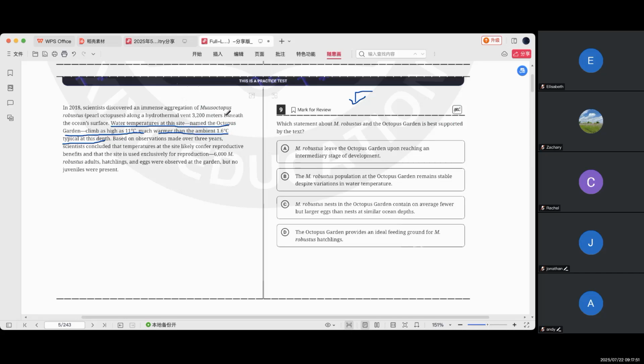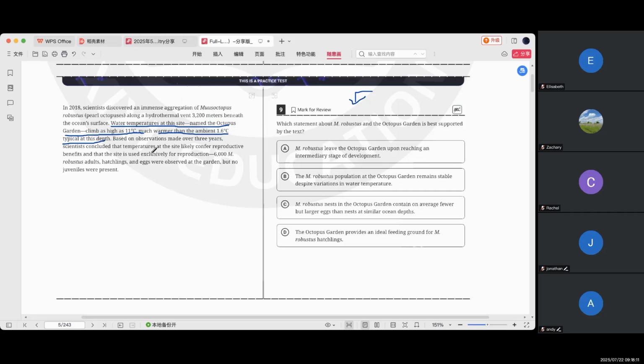I think that's not enough because it only talks about the temperature at this place, but it does not really talk about the octopuses and why they aggregate at this place. So it's kind of like a summary, I would say.